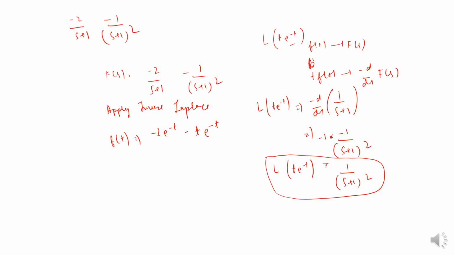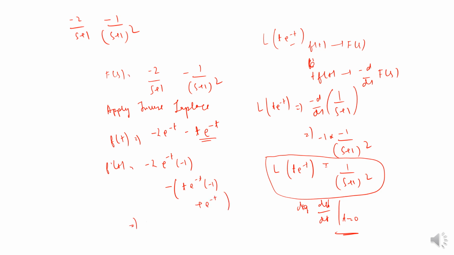But what have we been asked? We have to find dy by dt at t is equal to 0. This is what you have to find. Now differentiate it. y dash of t is equal to minus 2 e power minus t into minus 1, minus, for this term, using the uv formula, t into e power minus t into minus 1 plus e power minus t.